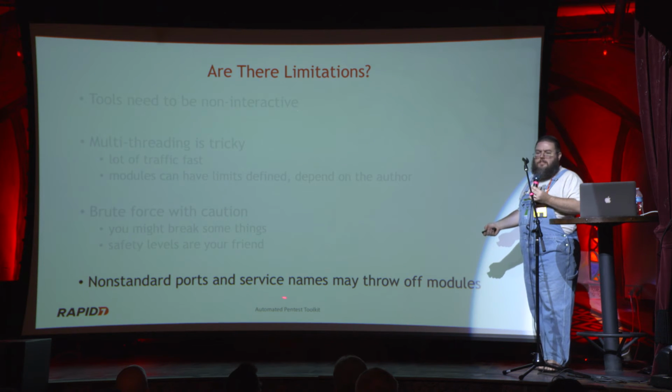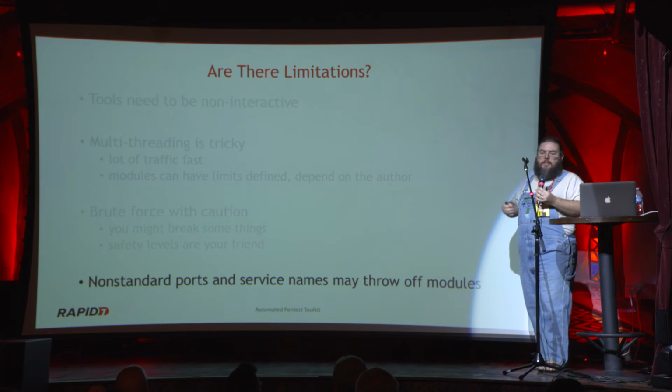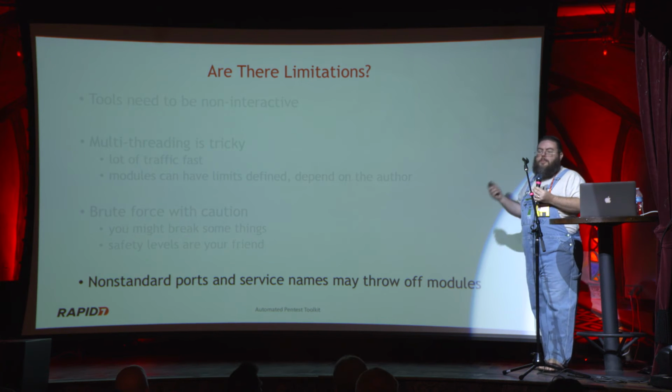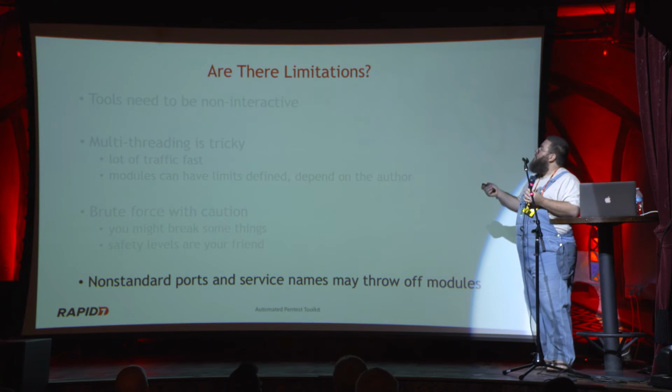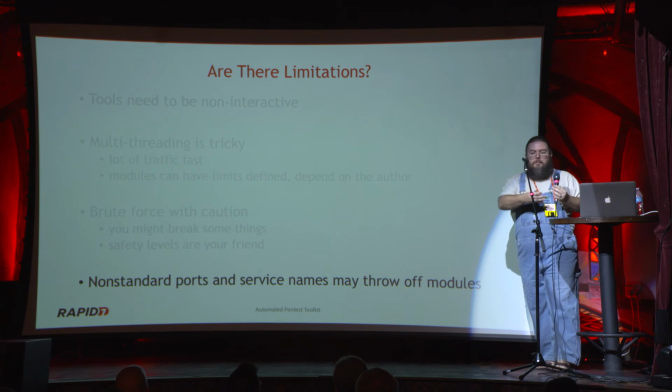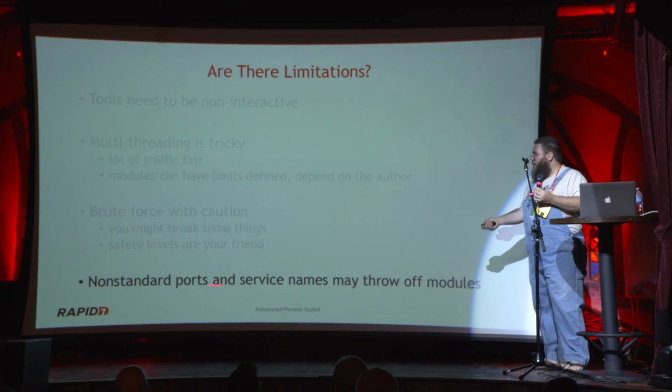It may on the service name, may not. So things that are heavily non-standard, like SSH on port 22,000 or something like that, are going to throw it off. When things are common and standard, the standard automation process works well.